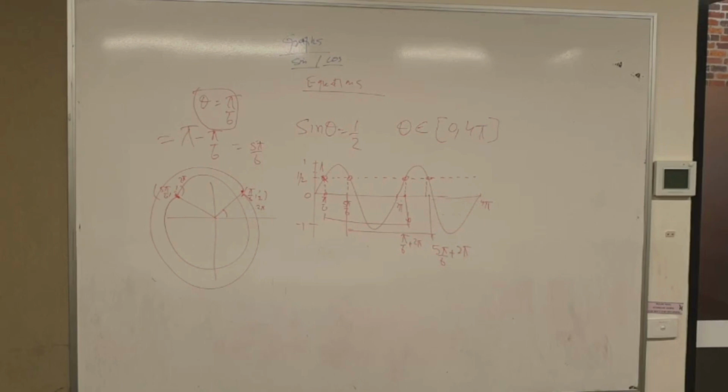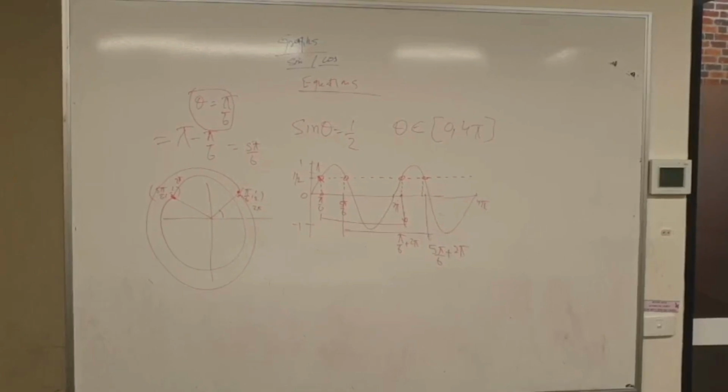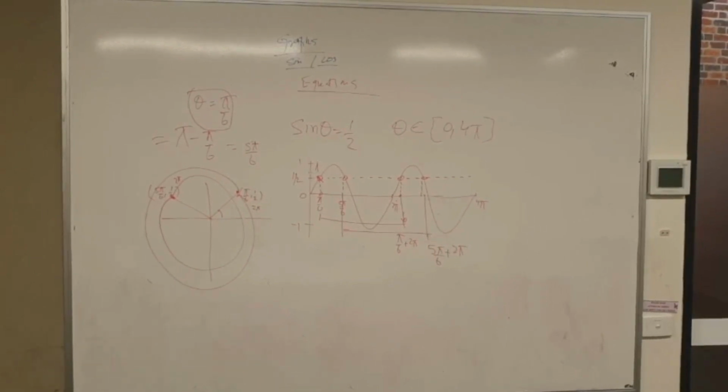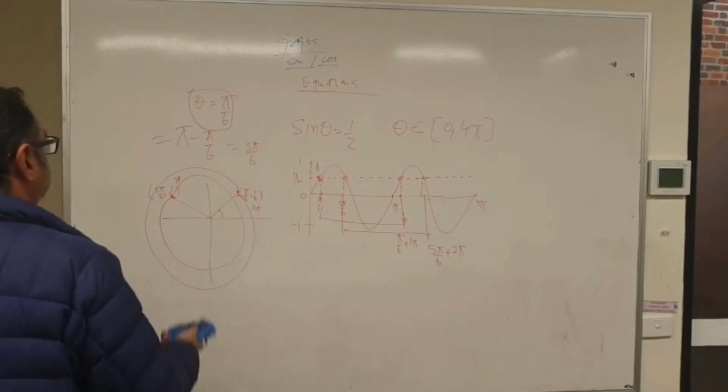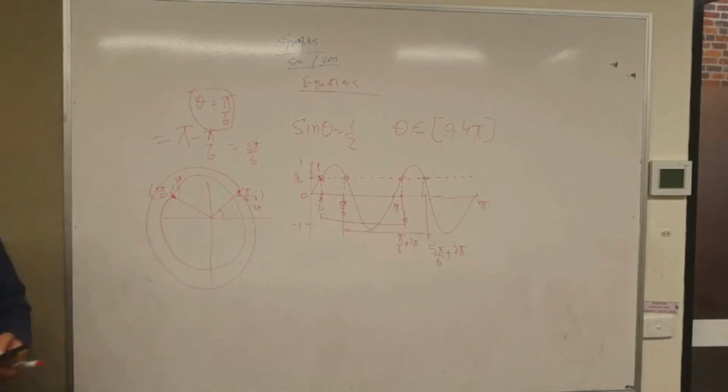See, obviously you have two quadrants where your sign will be negative from 0 to 2 pi, and this is like 0 to 4 pi, another cycle. Should have 4 answers. Who's got the answers? 4 pi over 3, 5 pi over 3, 10 pi over 3, 11 pi over 3. Oh yeah, I forgot 4 pi over 3.